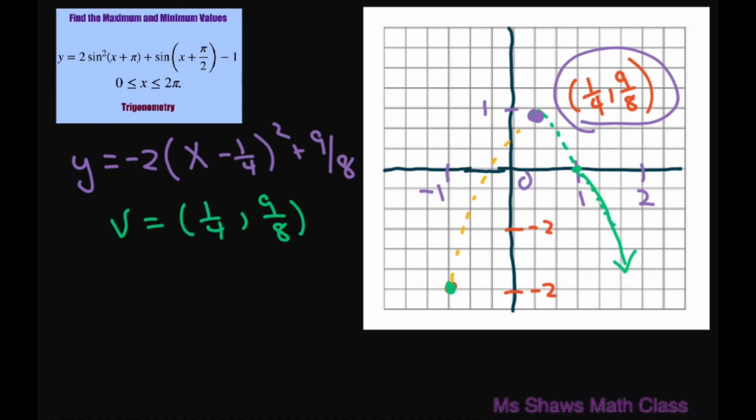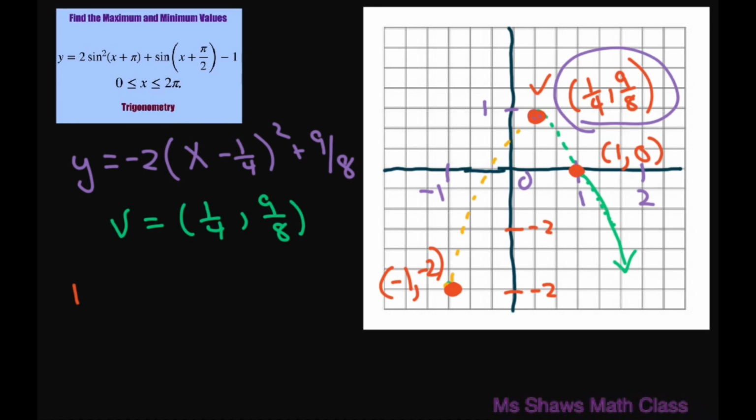Now, the other 2 points we had, this point when x was negative 1, we had negative 2. And when x was 1, our y was 0. So basically, this is your maximum here.